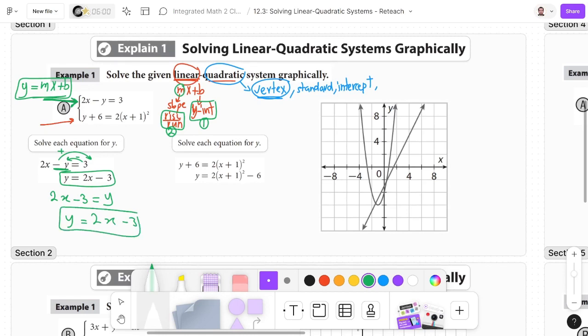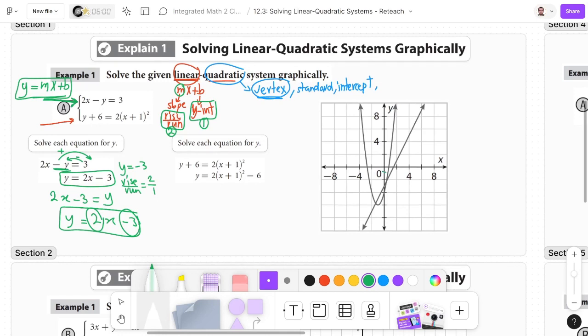When you need to draw this one, first you need to identify the y-intercept. What's the y-intercept? The y-intercept is negative 3, so y equals negative 3. What's the slope? It is rise over 1, so it will be 2 over 1. When you start graphing, start from negative 3.